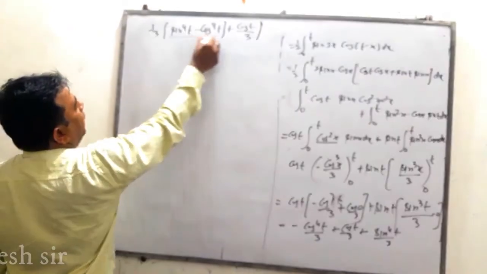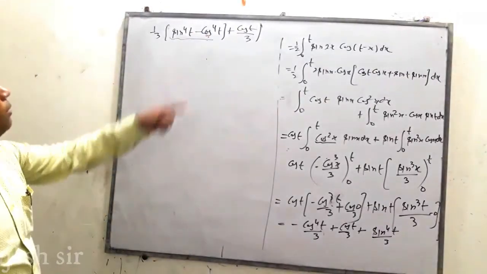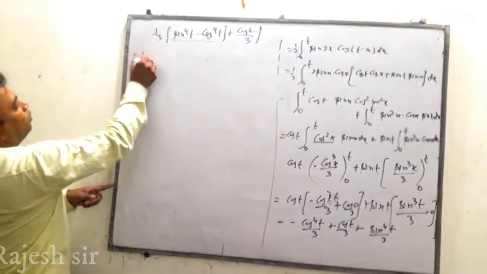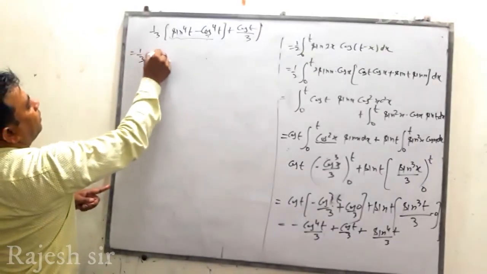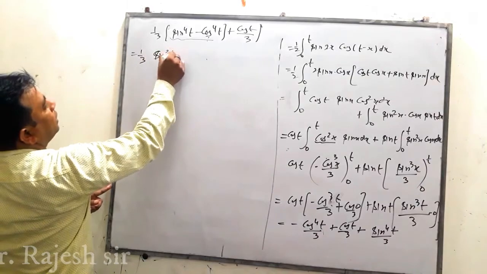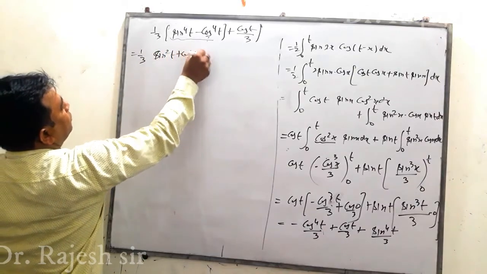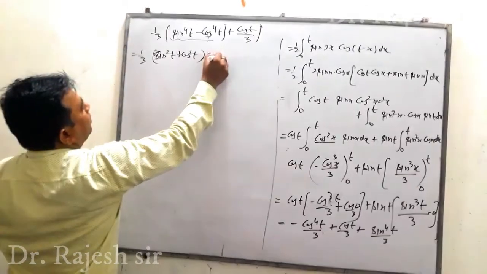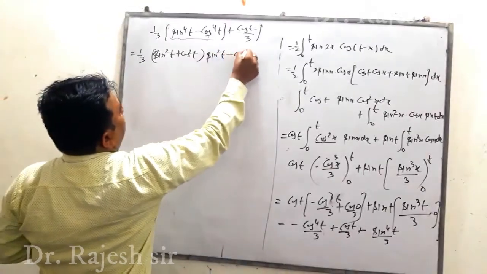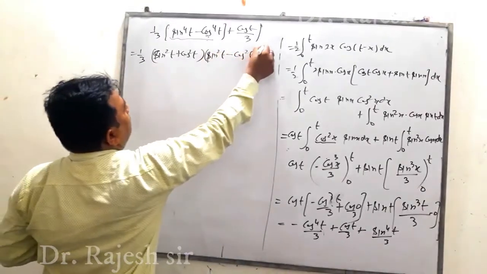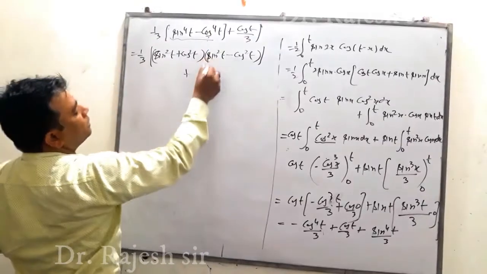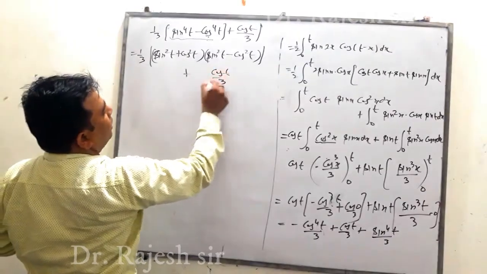So express this function as a square minus b square: 1 by 3 sin square t plus cos square t and sin square t minus cos square t plus cos t divided by 3.